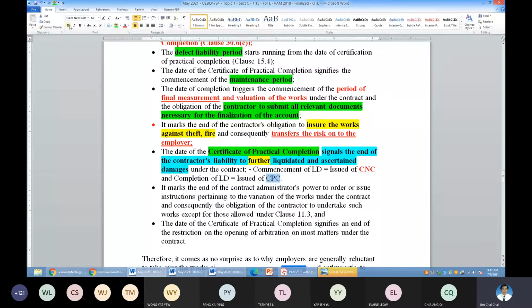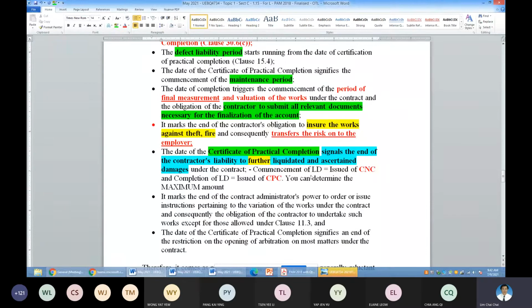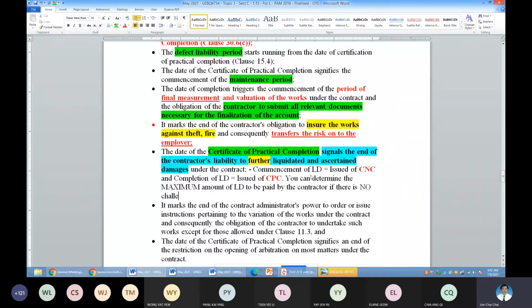From these two dates, you can work out the maximum amount of LD to be paid by the contractor, if there is no challenge from the contractor.